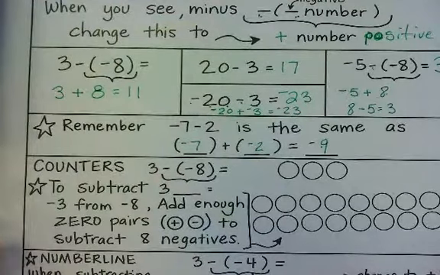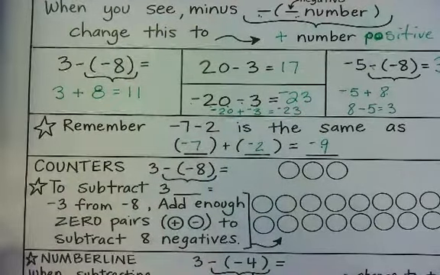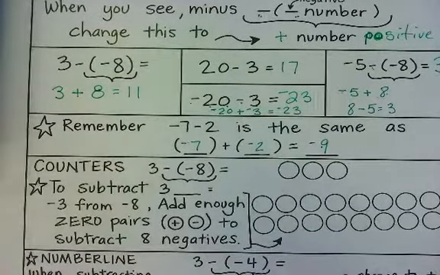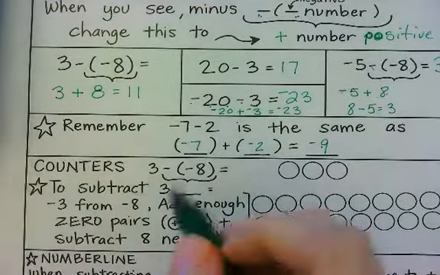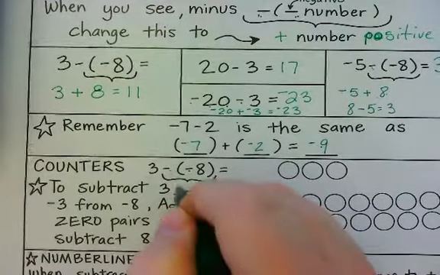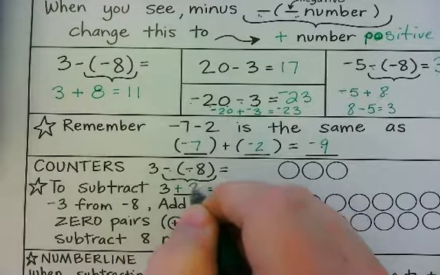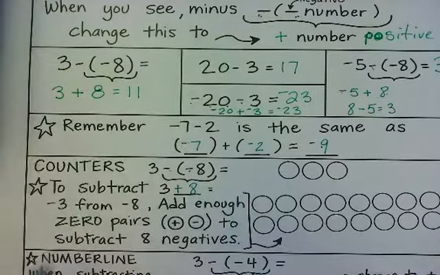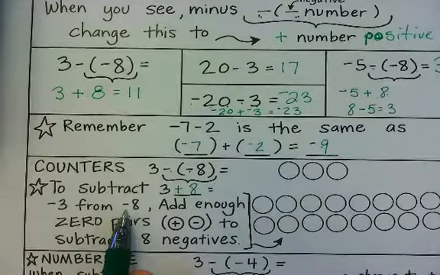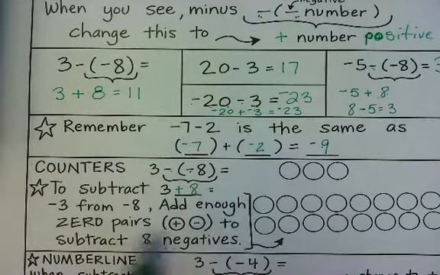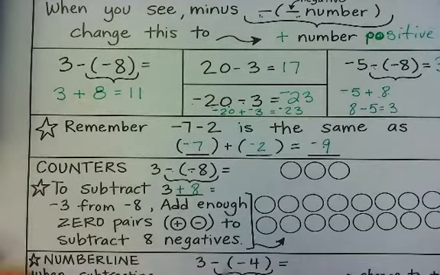For our next section here, we want to figure out what we've got. So let's start with, to subtract negative 3 from negative 8, or that negative, we want to turn it into a positive. Add enough zero pairs to subtract 8 negatives.